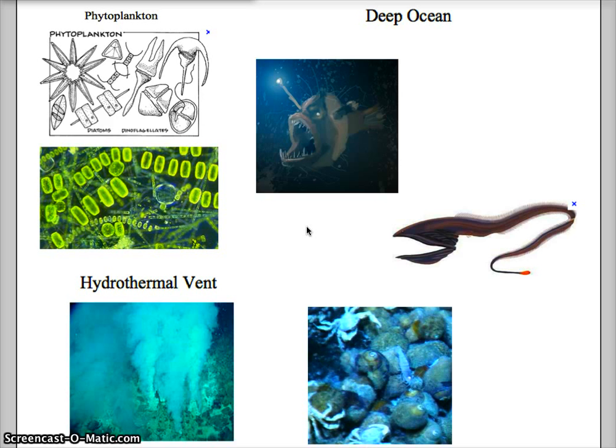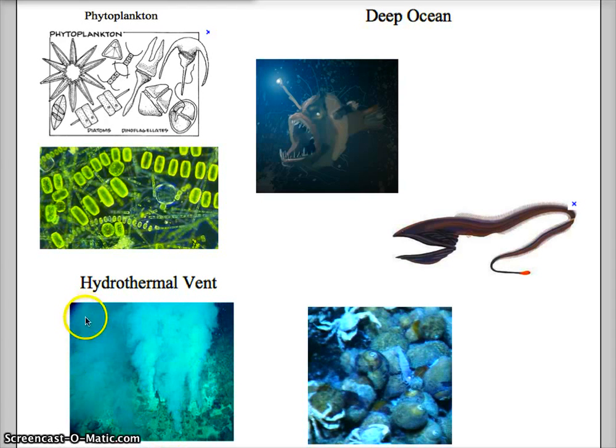There is something at the bottom of the ocean floor sometimes called a hydrothermal vent, and you can see an example of one right here. A hydrothermal vent is kind of like a geyser on the sea floor. There are magma pockets under land, and there are magma pockets under the water, and they heat up water and shoot it up into the sea.